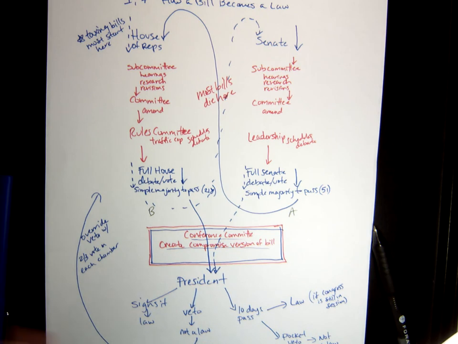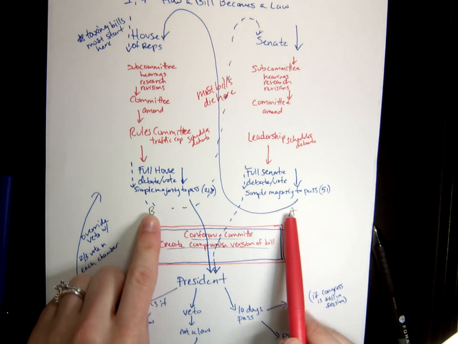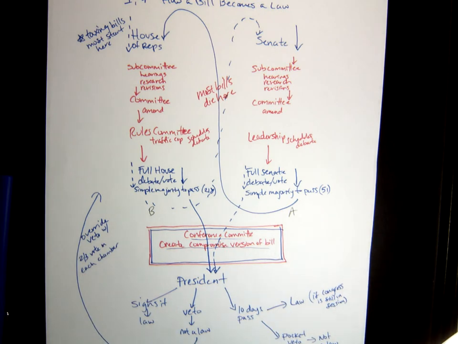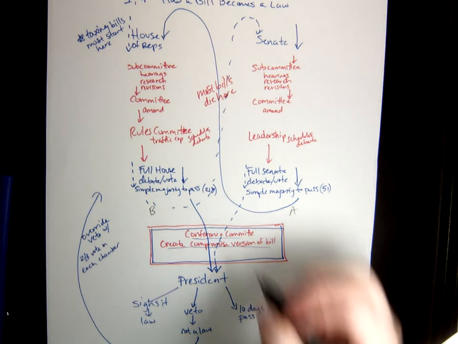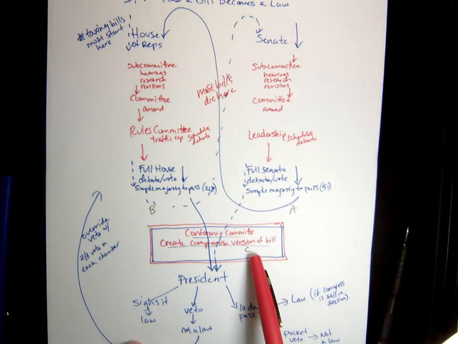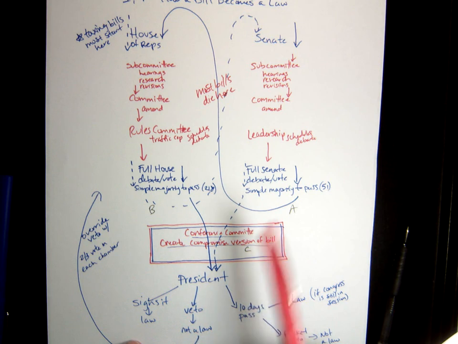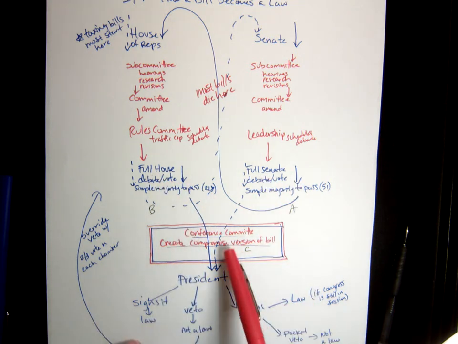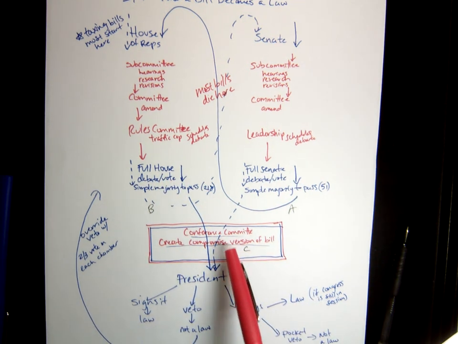So now if they create a new bill that sort of compromises A and B, what we end up with is not A or B, but really version C. Now, version C has not been approved technically by the Senate or the House. It was approved by some senators and some representatives, but not the full chambers.